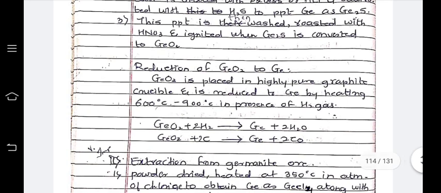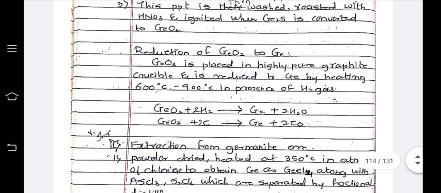This precipitate is then washed and roasted with HNO3 and ignited, when the germanium sulfide is converted to GeO2.